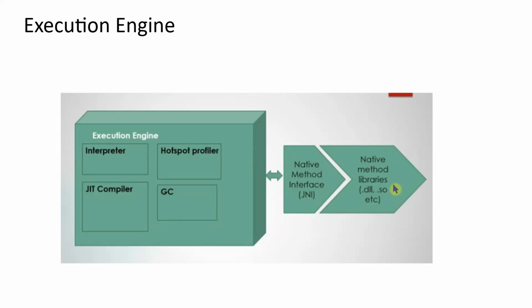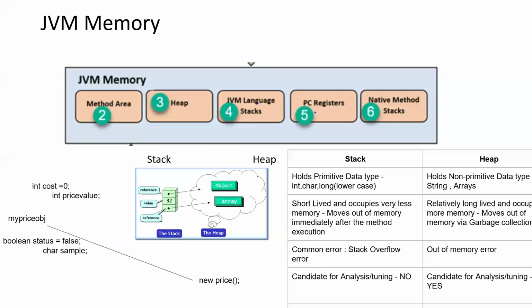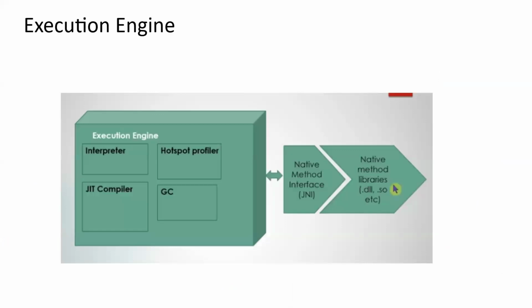In this execution engine, GC is the one which we'll be learning a lot later. So from a memory perspective, we will learn a lot about heap, a little bit about stack, and then a lot about garbage collection from an execution engine perspective.